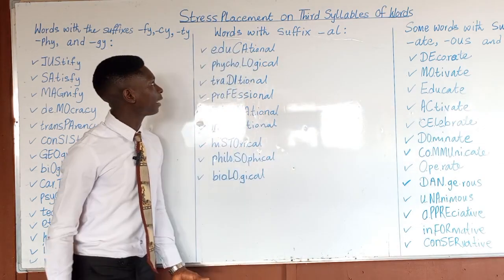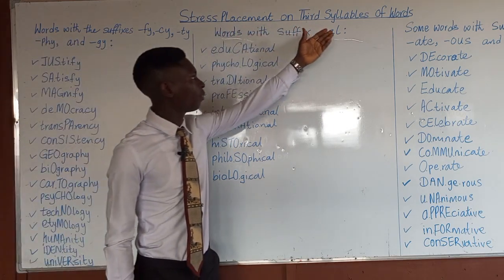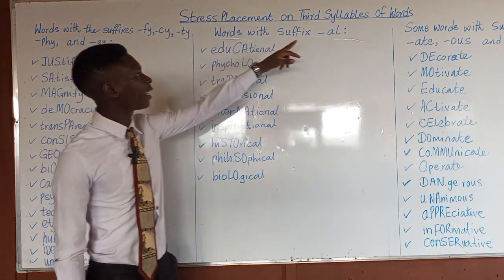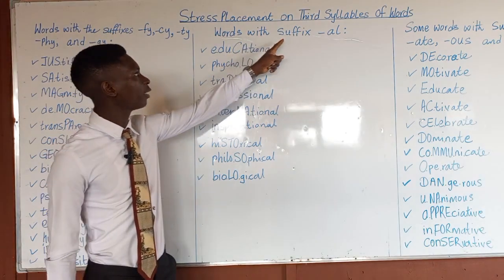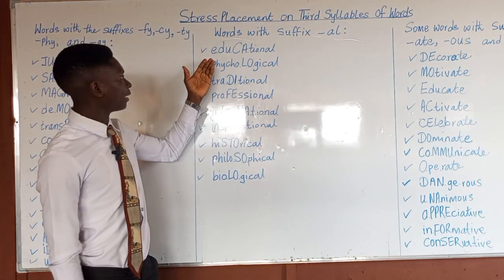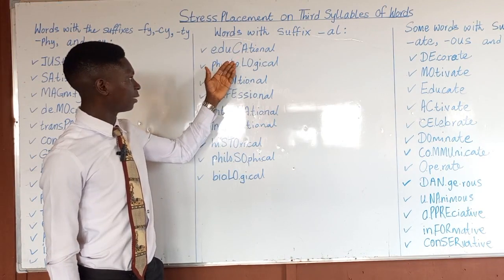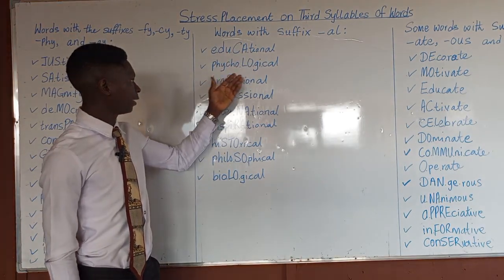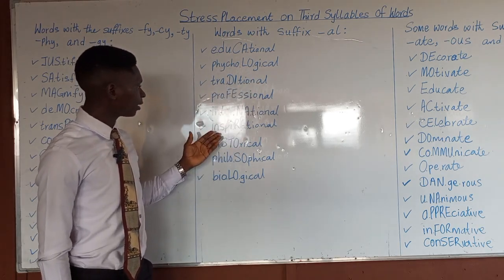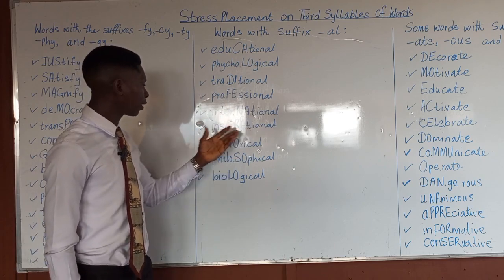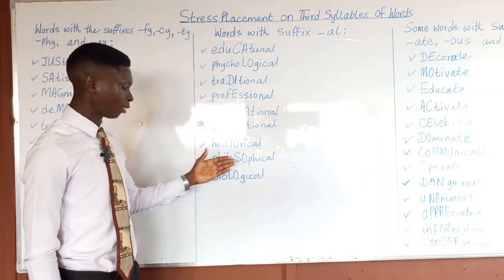Moreover, we can also have the stress placed on the third syllable in words with al at the end. That's al suffix, words with suffix al, as in educational, psychological, traditional, professional, international, inspirational, historical, philosophical, biological.